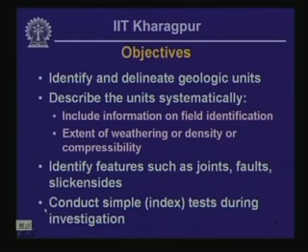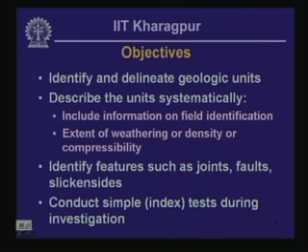Now we consider the objectives of the subsurface investigation activities themselves. Why do we after all undertake subsurface investigation? What do we want to find after we conduct a subsurface investigation program? First of all, we are interested to identify and delineate geologic units.